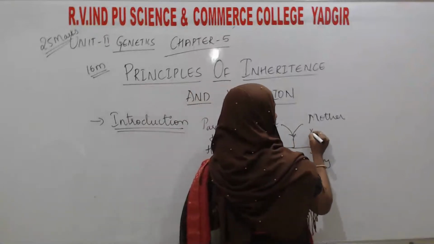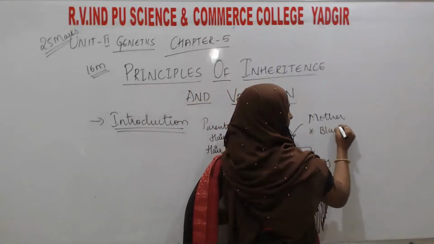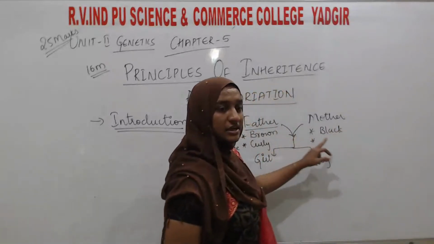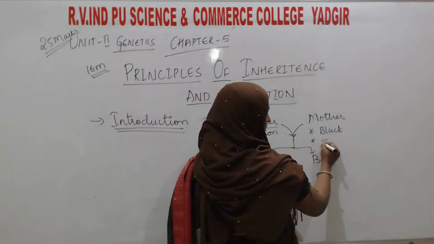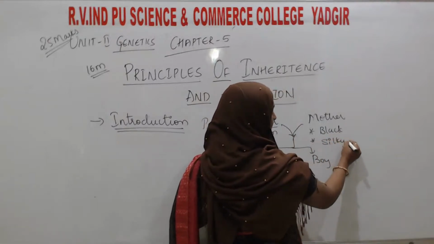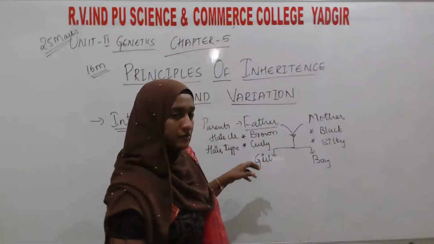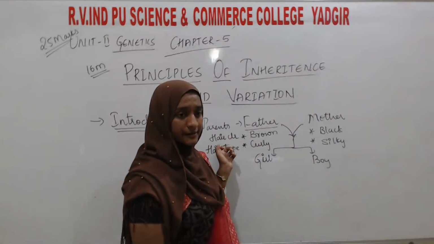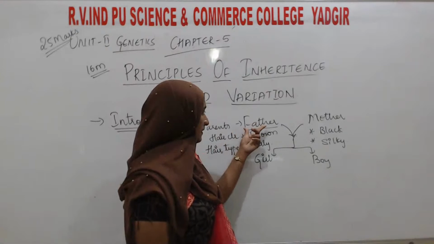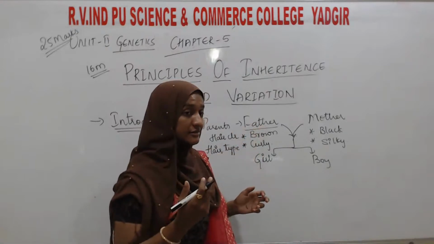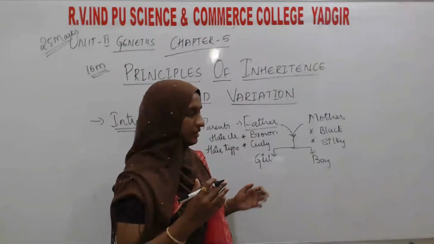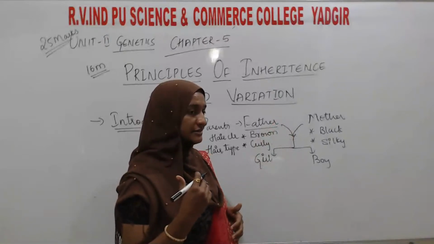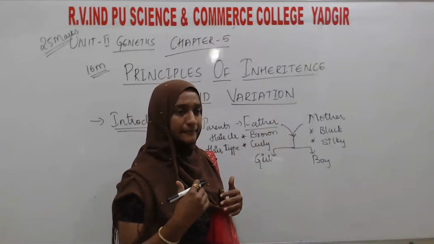Mother's hair color is black. What is the hair type? Here it is silky. Okay, so these are the two characters concerned with the hair. Father will have curly hair, brown in color. Mother has black color hair which is silky.